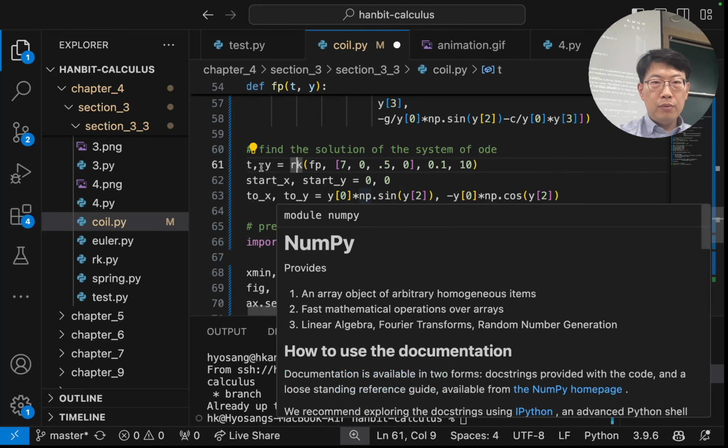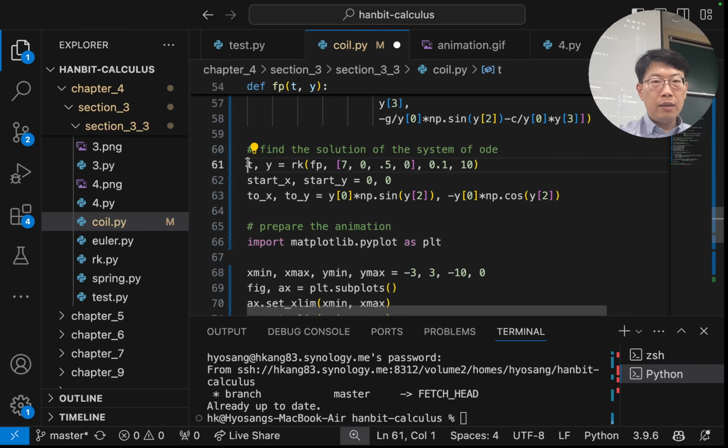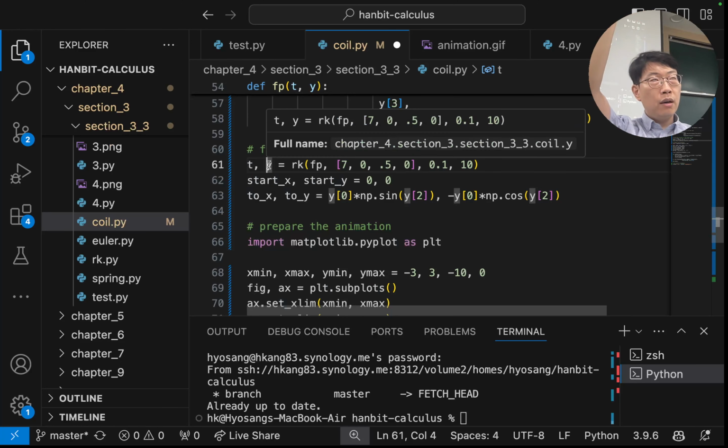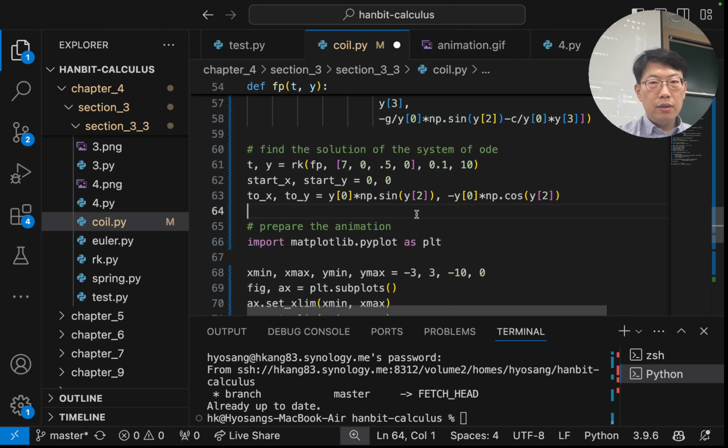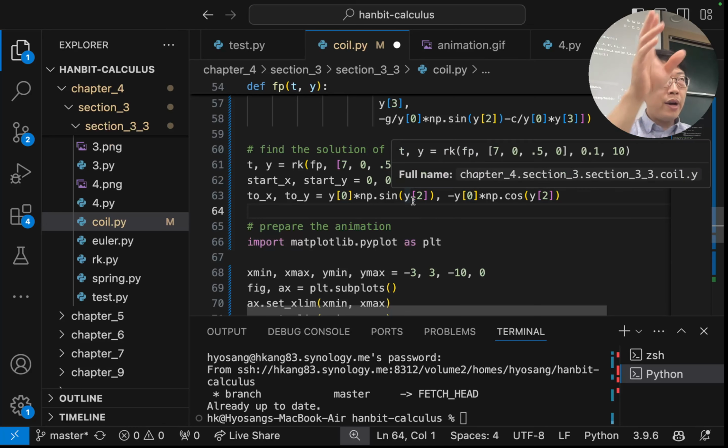Once I've done that, I get the range of t and range of y. Here the range of t is the range of time, and y is the array of vectors. I want just y0 and y2 because that gives you L and theta, right?